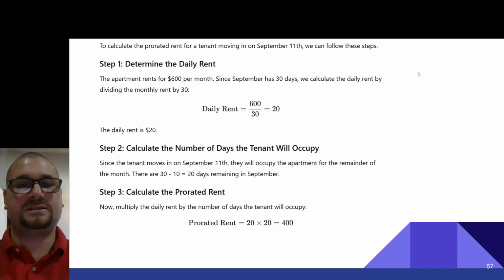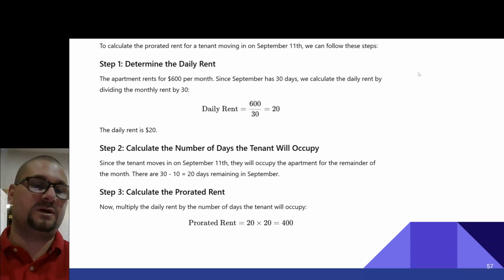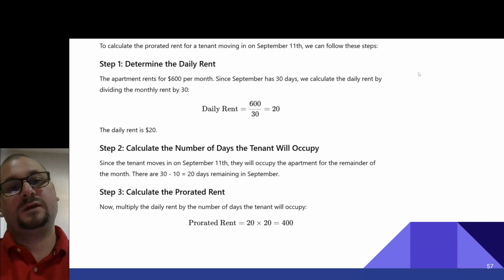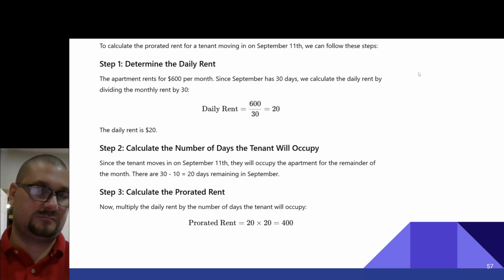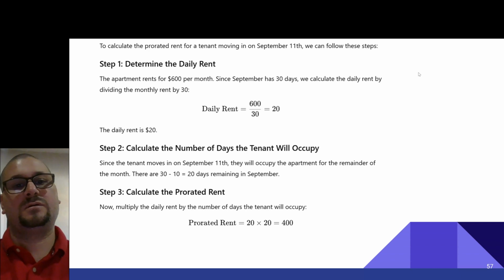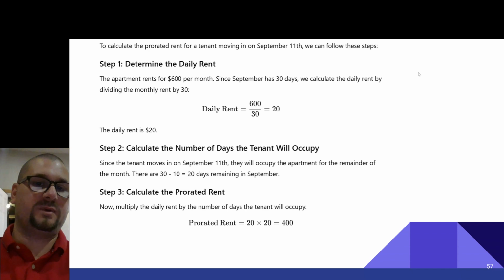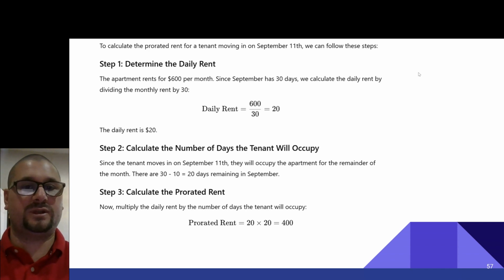Calculate the number of days the tenant will occupy. The tenant moves in on September 11th, so they're going to occupy the apartment for the remainder of the month. There are 30 days in September, so 30 minus 10 is 20 days remaining.